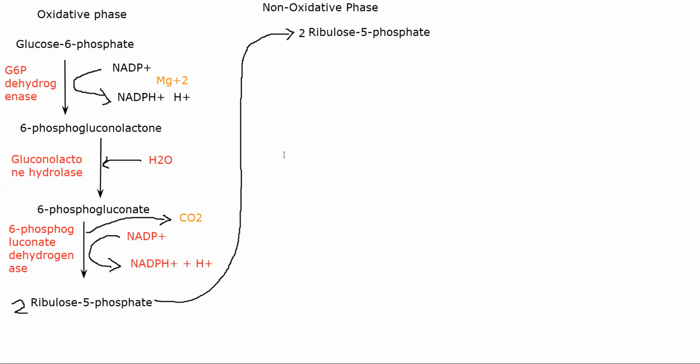Now these two molecules will be subjected to two different enzymes. The first enzyme will be, I'll just write R5P so that you understand it is ribulose 5-phosphate, because again space is the constraint. R5P epimerase.